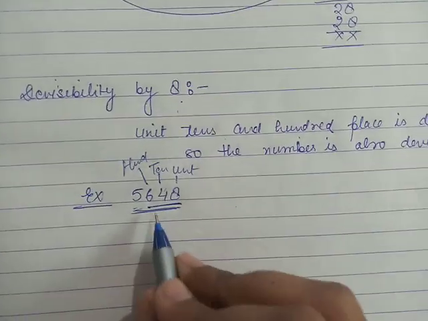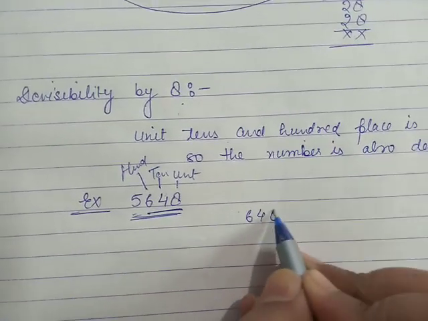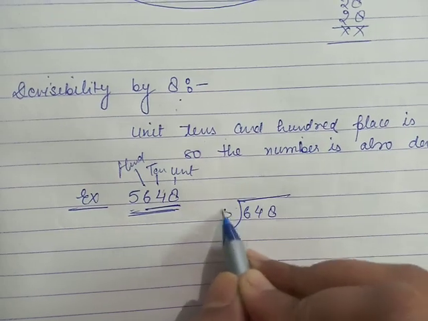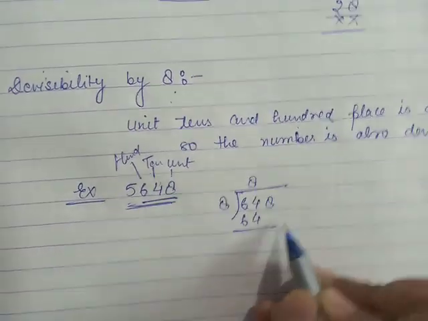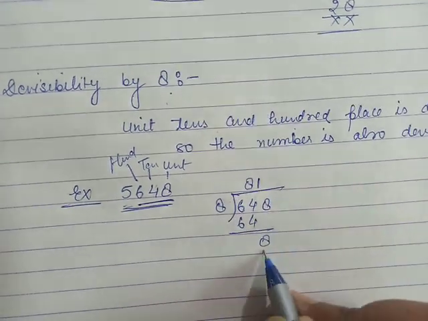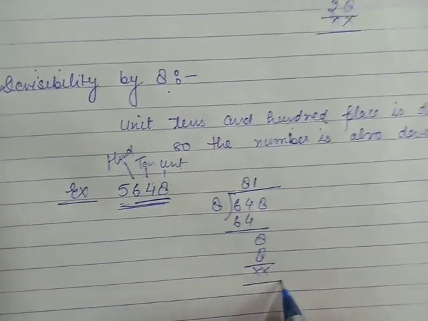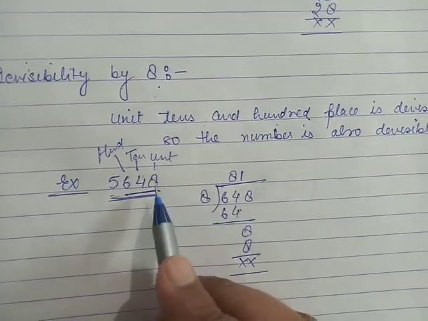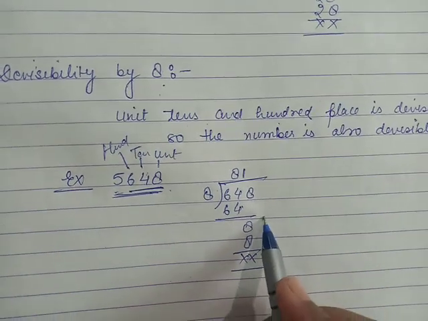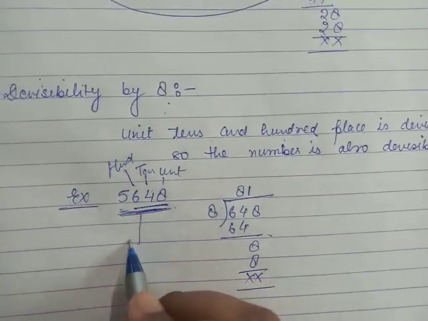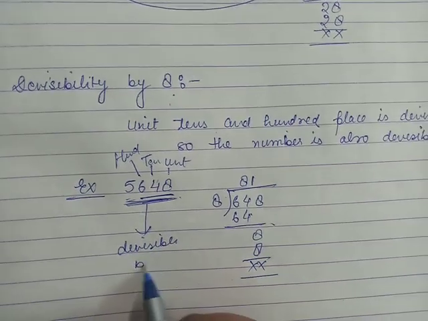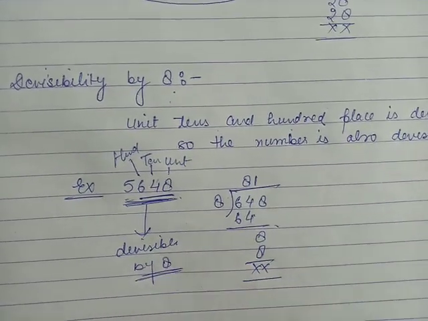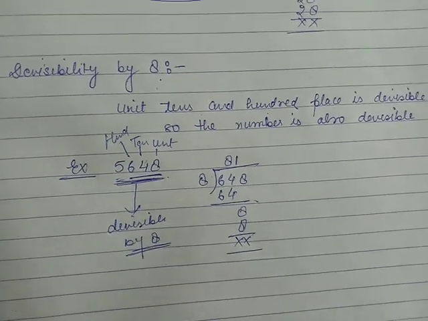Let's see that 648, divide it by 8. 8 eights are 64, we have 8 and 8 ones are 8. We can see that 648, the 100, tens and unit place, is divisible by 8, so this number will also be divisible by 8. Okay, so in this way we will check the divisibility by 8.